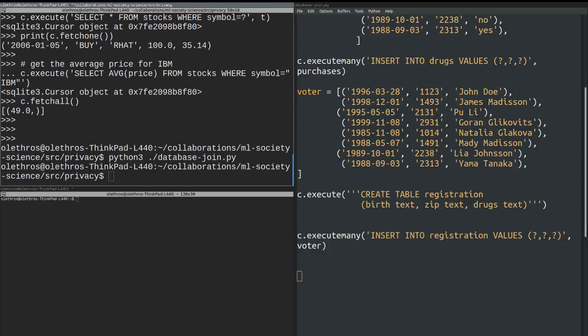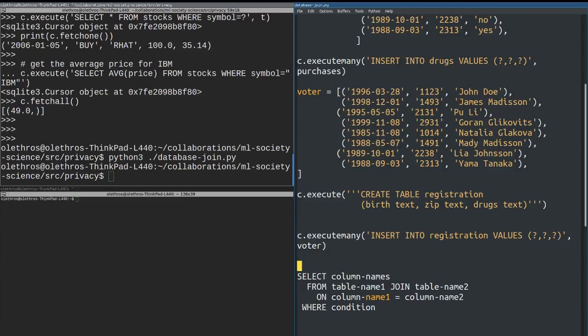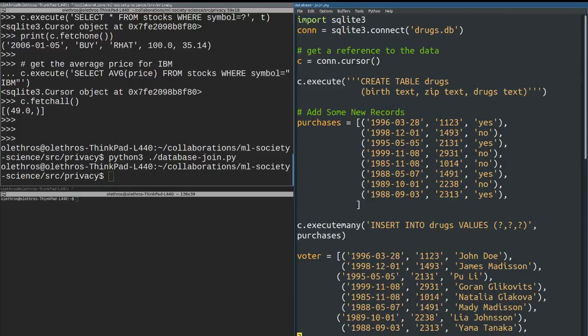It's the same as before. Oops, sorry. So it should be something like this. So select, let's say name, right? And do I have what it's called?